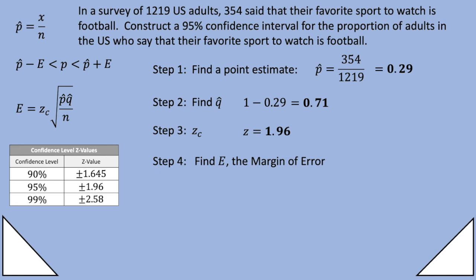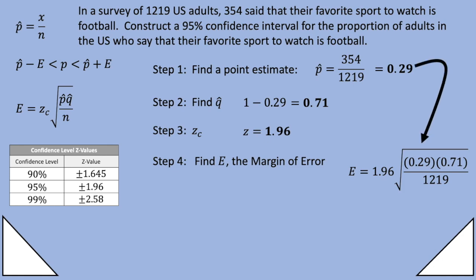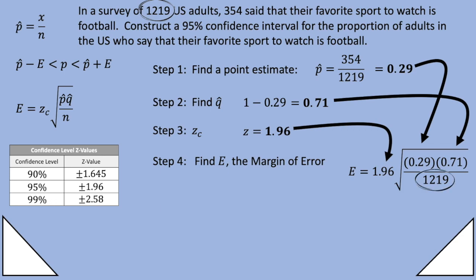And then step 4, we're going to find E, the margin of error. So the margin of error, if we look at our formula, would look like this. Wow. So let's see what this is. We've got probability of success, 0.29, times the probability of failure, 0.71. And that 1.96 is our z-value. And here we have our sample size of 1219.